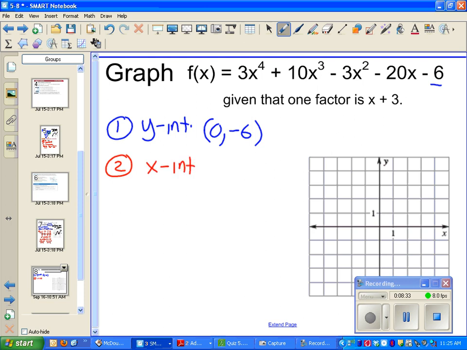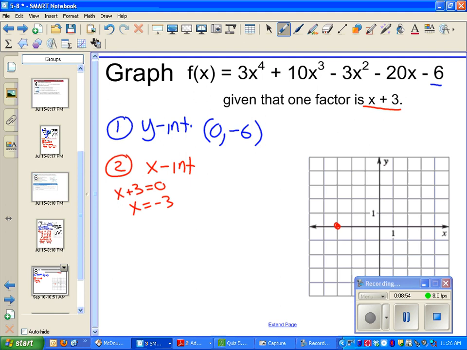We know that one of the factors is x plus 3, and this one has 5 terms, so I can't use any of my other factoring methods. I do need to use synthetic substitution first. So if a factor is x plus 3, then one of my zeros is -3, which means an x-intercept is -3.